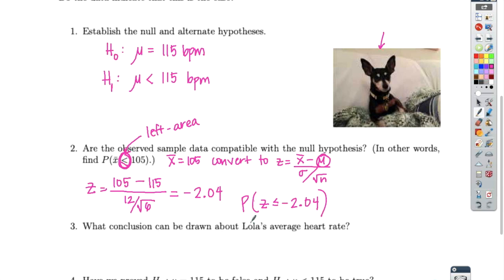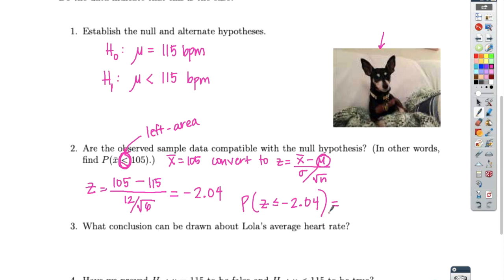This is why it's important to identify in the problem whether I'm using a left-tailed or a right-tailed or a two-tailed test. It's important that I know what kind of area I was looking for. And in this one, I'm finding a left-tailed area, so I'm just going to take that probability right out of the table and not adjust it at all.